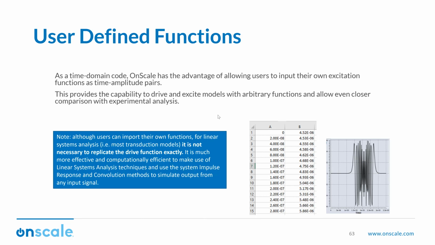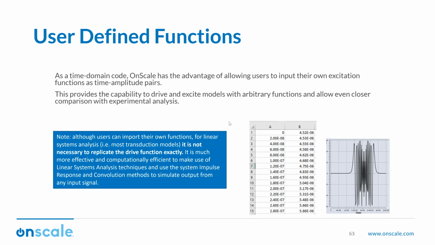I'll talk briefly about how to do it, but before that, there's an important note. It's not always necessary to replicate the drive function exactly, because what some people do is say, okay, in my system I must have this exact time input function, which has a very weird shape.